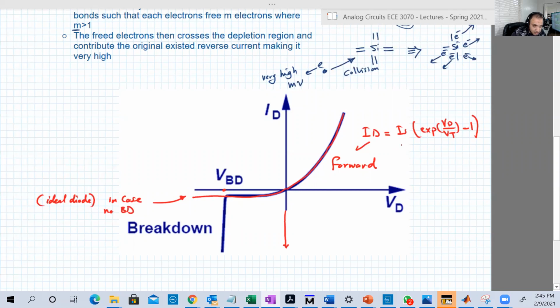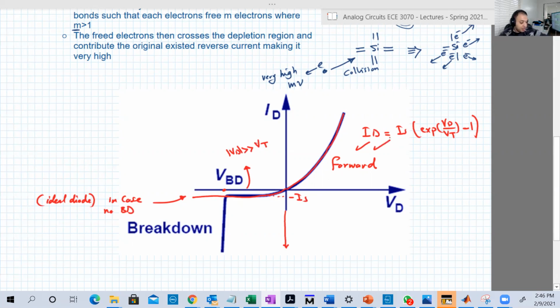In reverse bias, when VD is much larger in magnitude than VT, we will have a current almost equal to minus IS, or minus I naught. And this also comes from this relation.